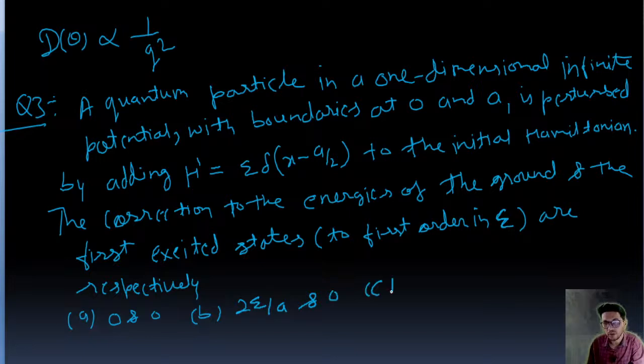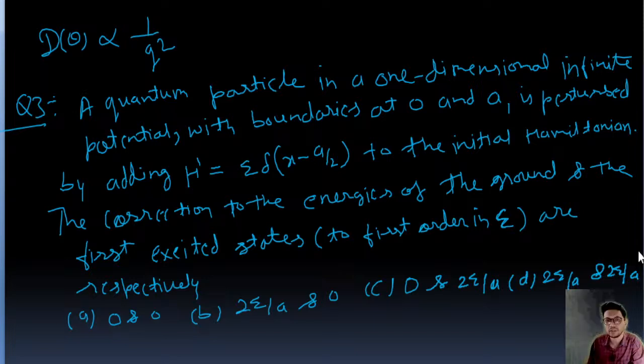Option C: 0 and 2 epsilon upon A. And option D: 2 epsilon upon A and 2 epsilon upon A. Okay, this is the question, guys.